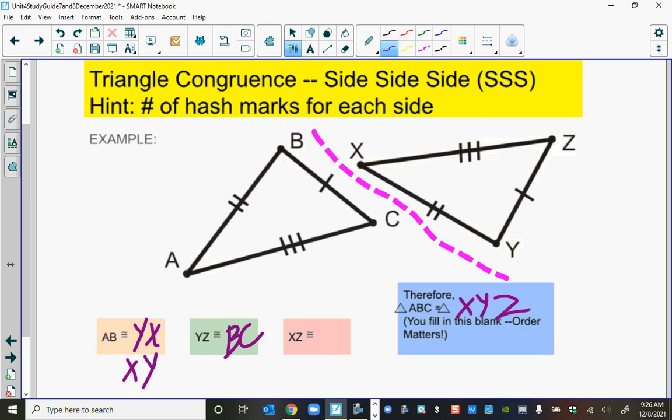You're going to have to match up your triangle congruences. That's what we sort of have going on here. You went from A to B, 2, and then B to C, you had 1. Got to do the same thing. We went from X to Y, 2, Y to Z, 1. So we sort of went in this direction. So whatever direction you go from one, you have to go the same direction for the other.